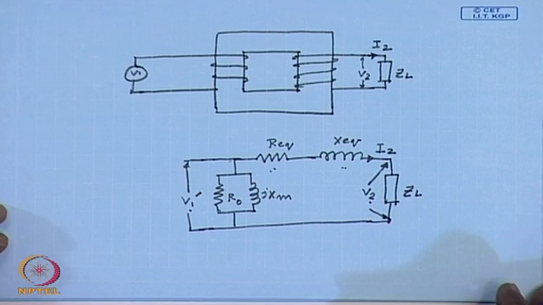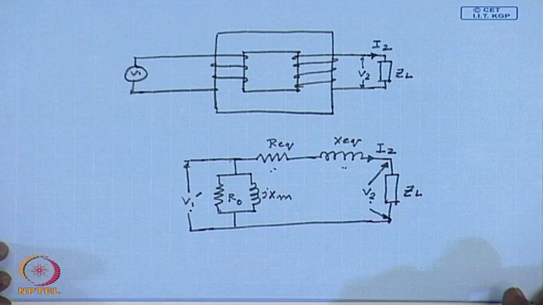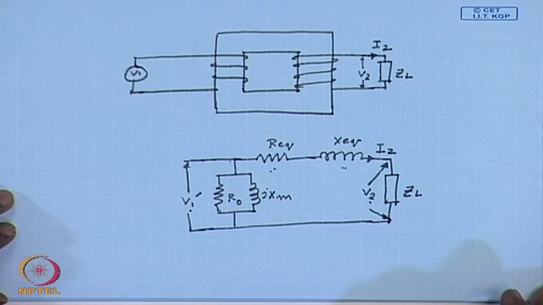Now, one important performance parameter of a single phase transformer is its voltage regulation, which is a measure of the variation in the load voltage with variation of the load.